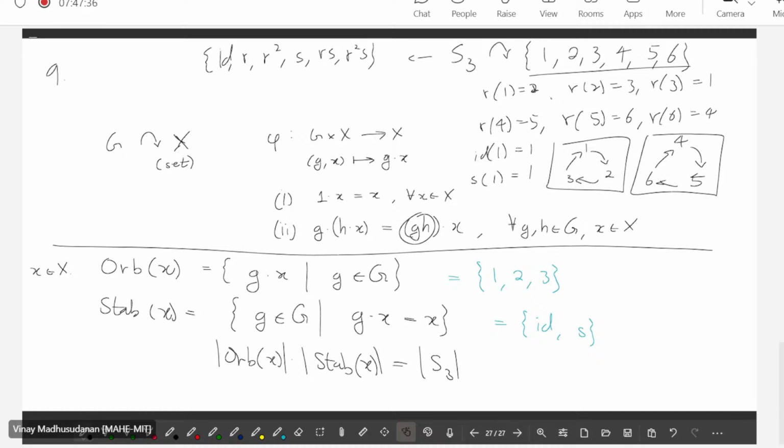R of 7 is equal to 8 and so on. So in that case, the stabilizer actually remains the same, but the orbit also remains the same. Correct. Orbit and stabilizer will remain the same if I extend the set with 3 more elements and similarly write. So this product has to be the order of S3, not the size of X.